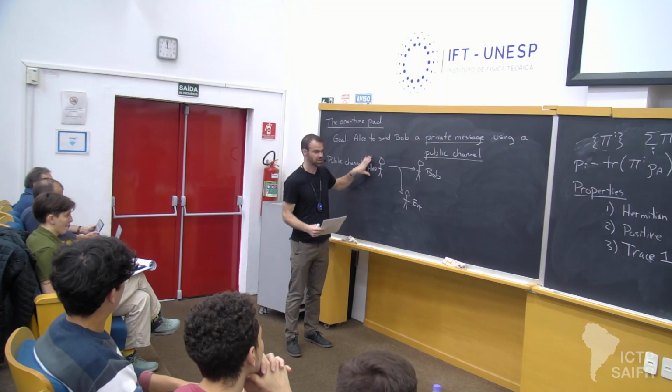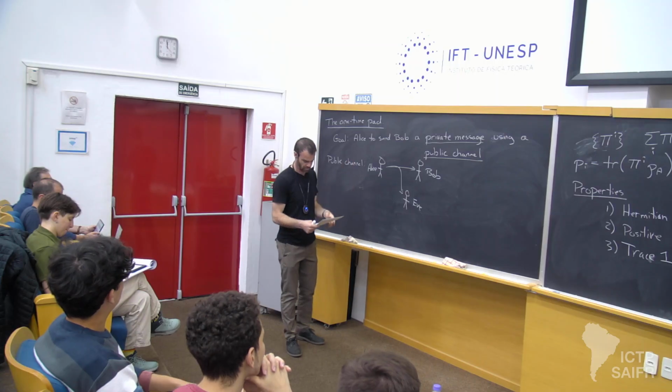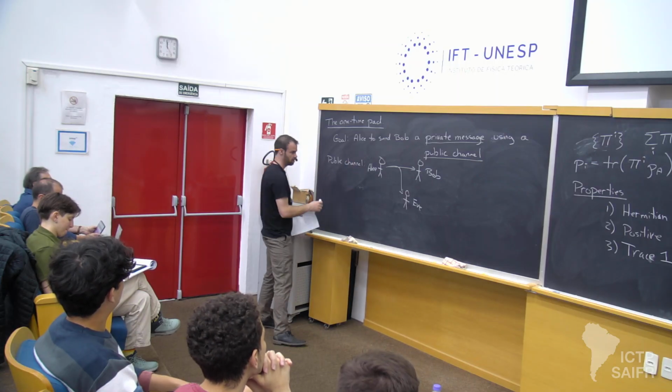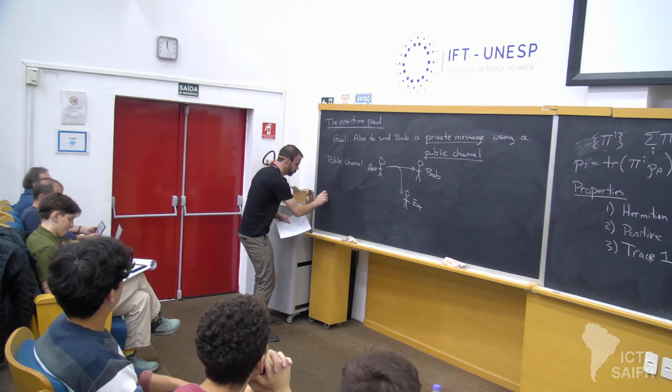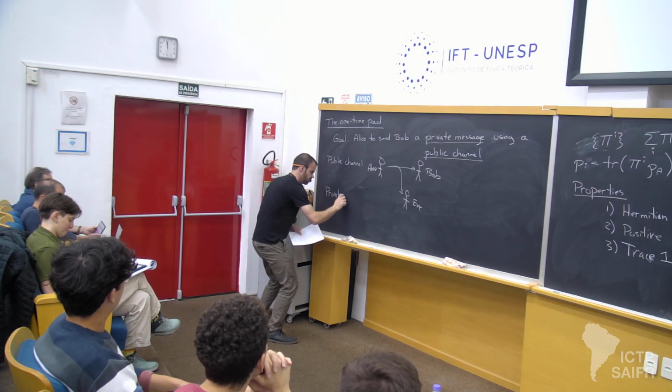And Alice has no way of preventing that. When she sends the message out, it's out in the world, and maybe Eve is going to grab it. So that's what a public channel is. And then we want to use this thing to send a private message.